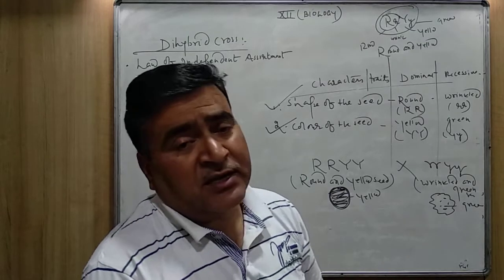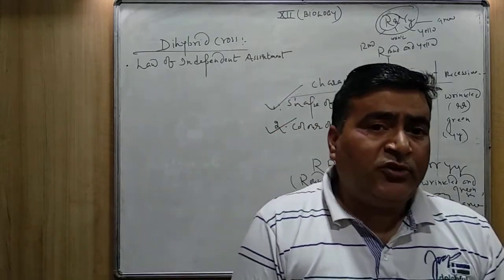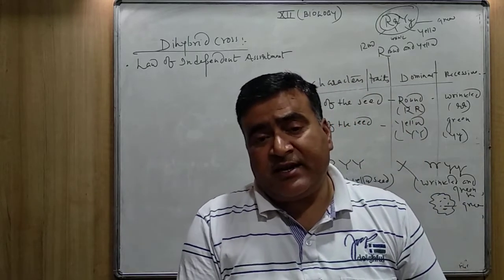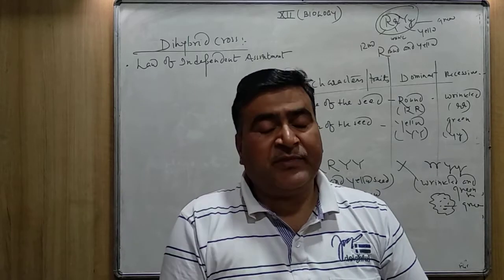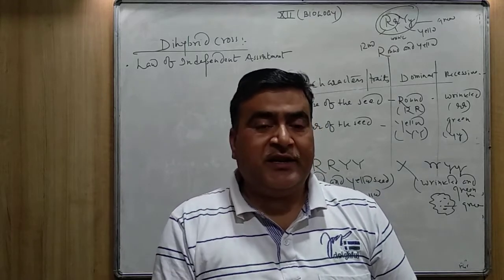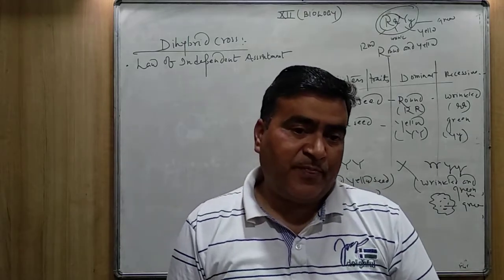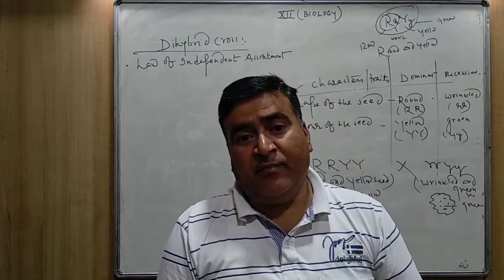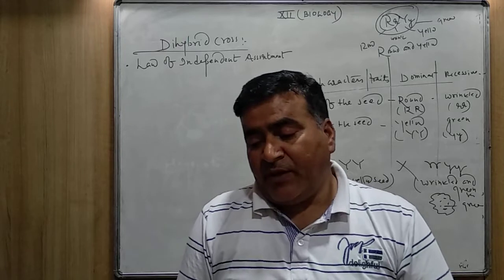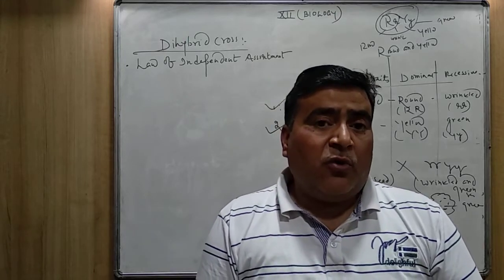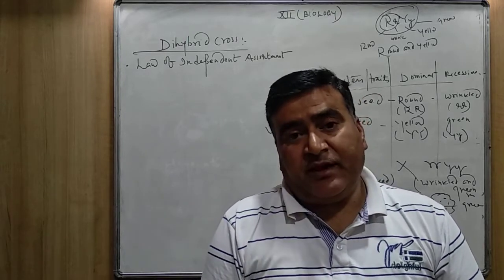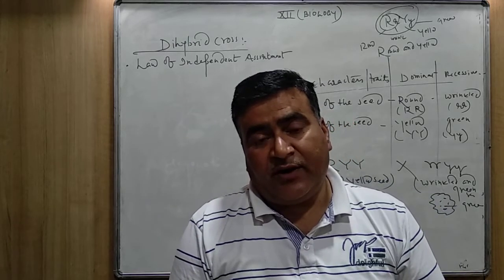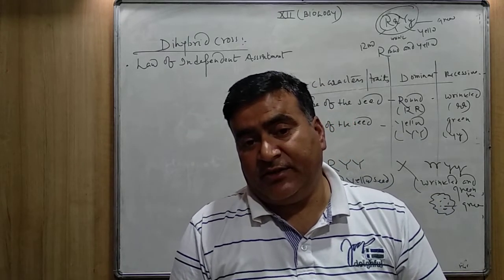So the cross in which two characters are considered at the same time, this is said to be what? Dihybrid cross. And in dihybrid cross, Mendel wanted to see the pattern of the inheritance of the two genes together.